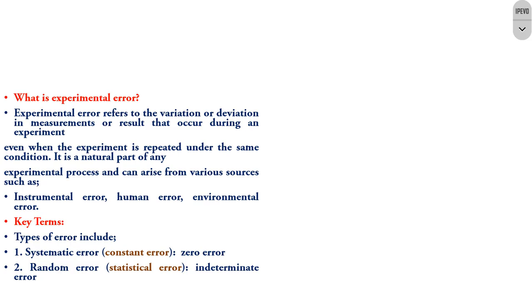So another name for systematic error is the constant error. And then an example is the zero error. And then we also have the random error. If we don't call it random error, we call it statistical error. And an example is the indeterminate error.